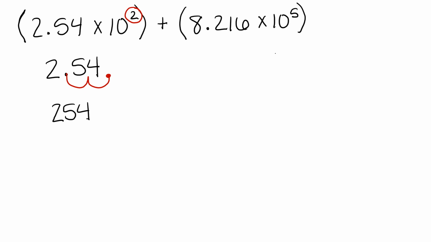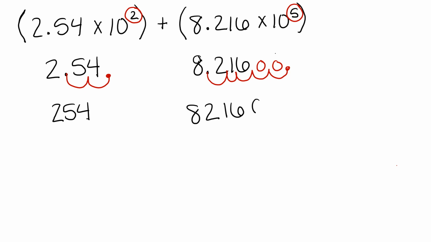We're going to do the same thing to 8.216, and for this, we're going to move the decimal 5 times. We fill those blank spots with zeros, and we write it nice and neat, 821600. Now, those are the numbers that we're going to add together.